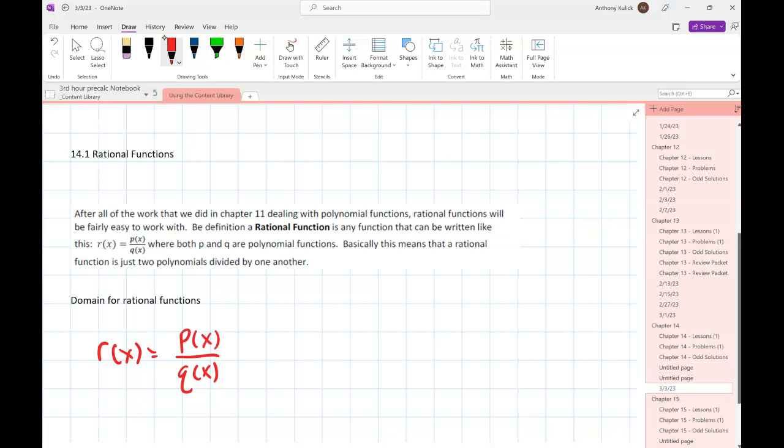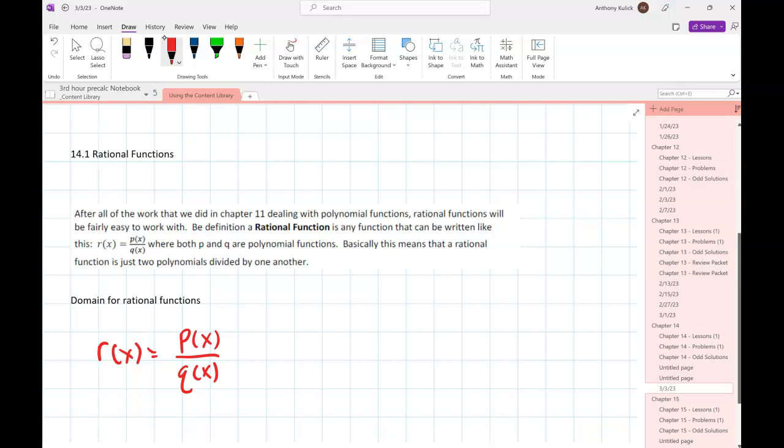Now, the domain for any polynomial is all real numbers, because if all you're doing is adding, subtracting, and multiplying, you can never create something that's undefined. Now, rational functions also have the operation of division, right? Because you have one polynomial divided by another polynomial. Where can division get in trouble? When the bottom is 0. Great.